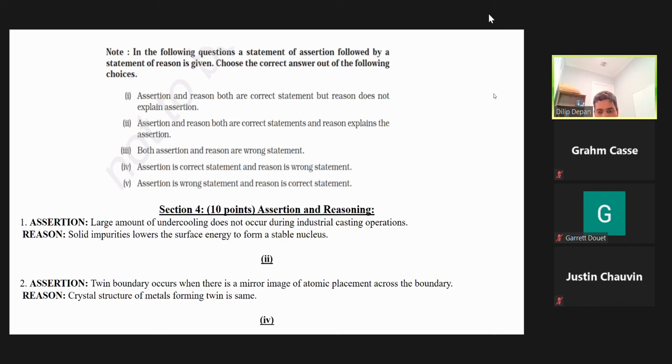It is different, because they are different metals, their crystal structure will be different. However, the atomic placement along the boundaries is a mirror image. That's why it is known as a twin boundary. So the assertion is a true statement, while the reason statement is a wrong statement. Then you select number 4.